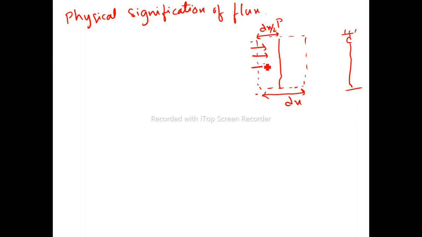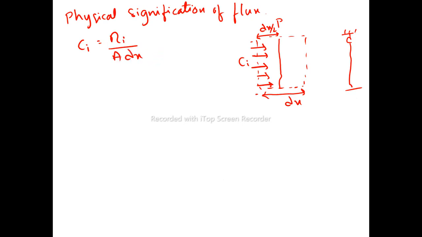If we consider that Ni number of atoms is in a small volume around the frame of reference, then the concentration of the ith component is given by Ci equals Ni by A dx.